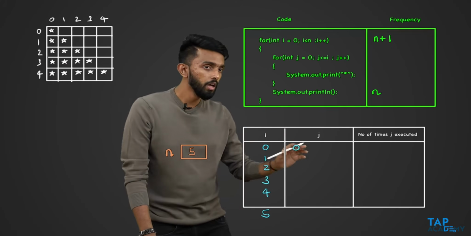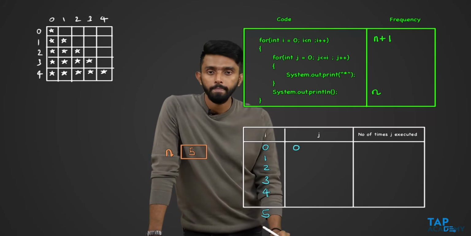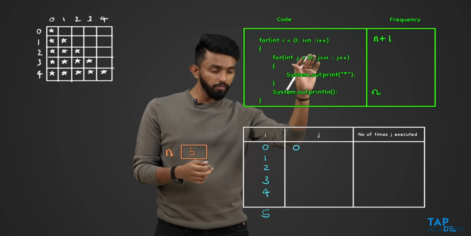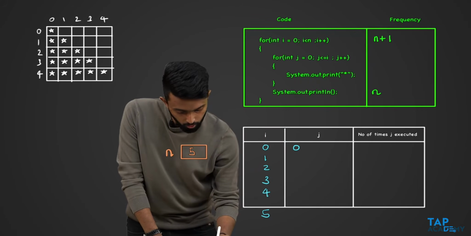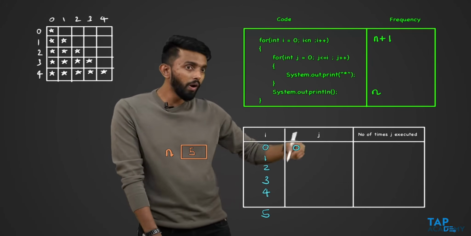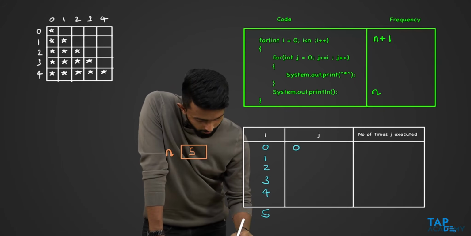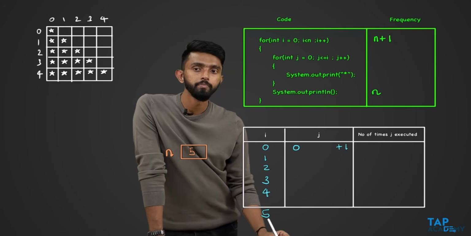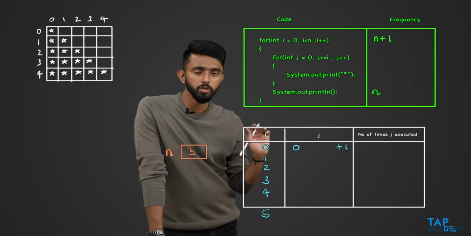Correctly it works. Which means this is 0. But the next time the condition failed. For that condition failing, you also have to analyze. Which means one time extra it will work, and that is why I am just writing plus 1 here.